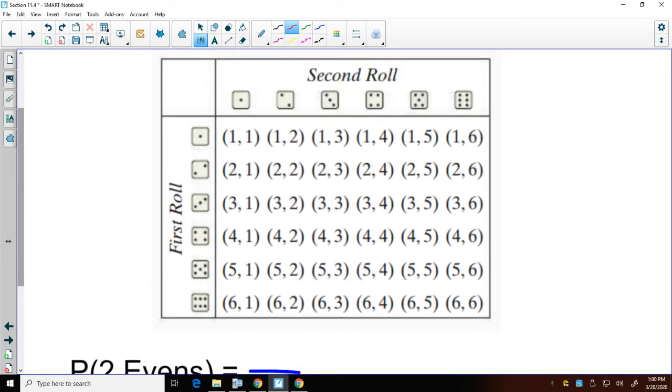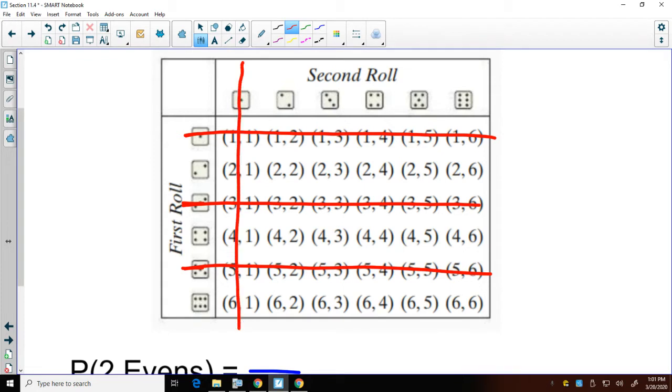Well, if you look up here, anybody that is odd for the first roll, like 1, 3, 5, you can throw that entire row out. Anybody that is odd for the second, we can also throw those columns out.